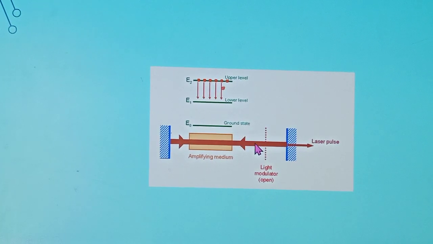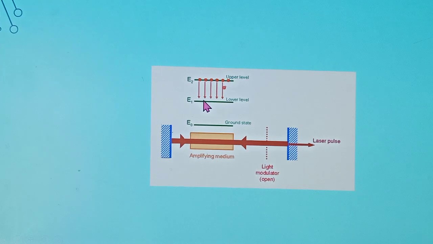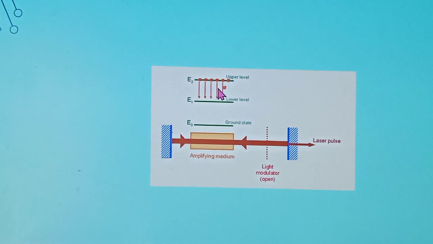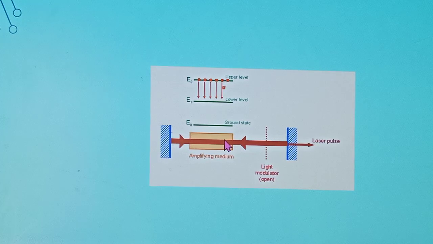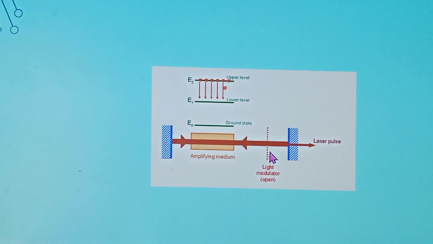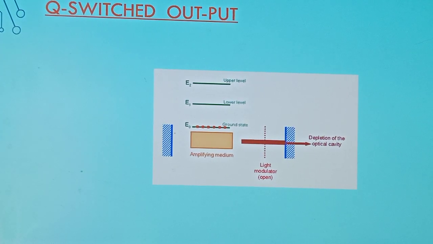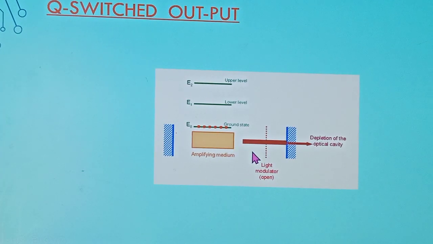The loss goes to a very low value, and therefore the Q value is great, and at that junction all this energy which is stored in the active medium is released. It is able to go the round trip and then come out as a very strong laser pulse. When this happens, we say the cavity is depleted.